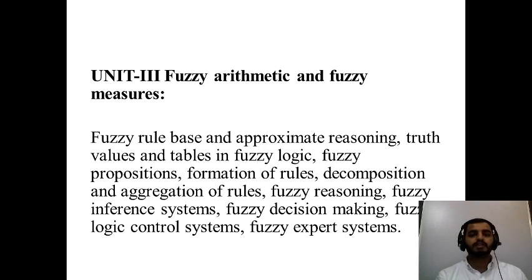For instance, among the class, whose paper will be checked first, or on whose paper you will be getting the first of the marks, in the sense not the highest marks. Based on the department, it can be first year, second year, third year, fourth year, or some person who has backlogs. It is not clear. So for that we will be using some approximate reasoning and fuzzy rules to decide one particular thing.